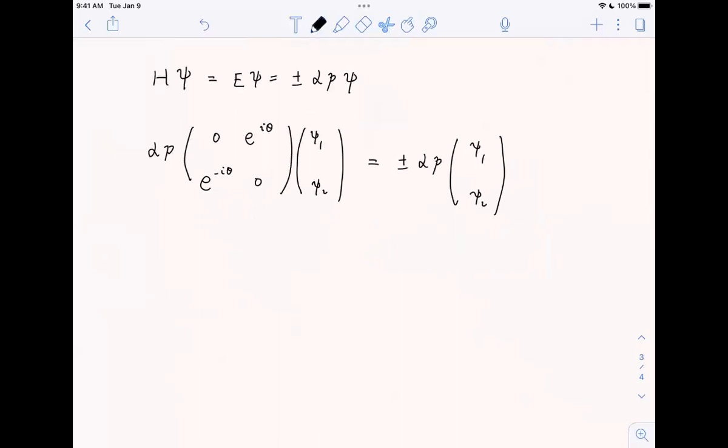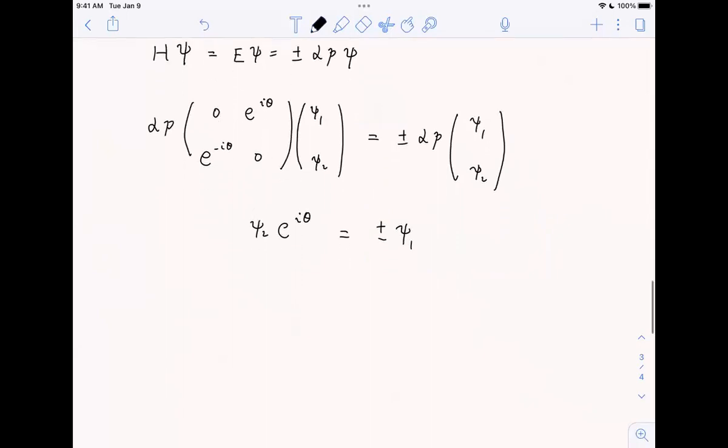Okay, so you can already cancel this out. So you have this E, equal to plus and minus this, and then equal to plus and minus this.